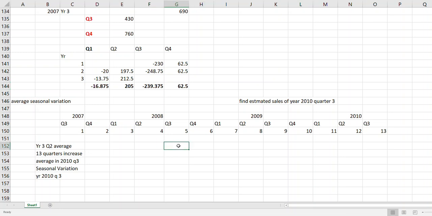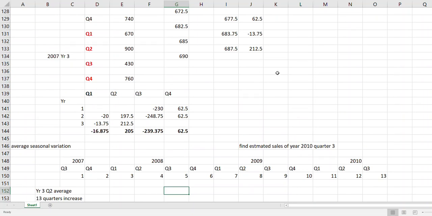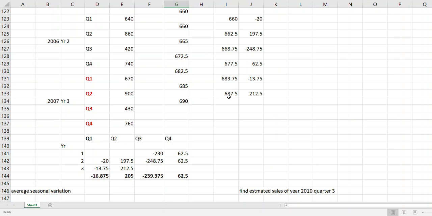Now if I want to predict what will happen in a year, in the future, in a specific quarter, I can predict it. Let's assume what will happen in quarter 3 of 2010. So first thing we need to do is see what is our earliest data that we have available.